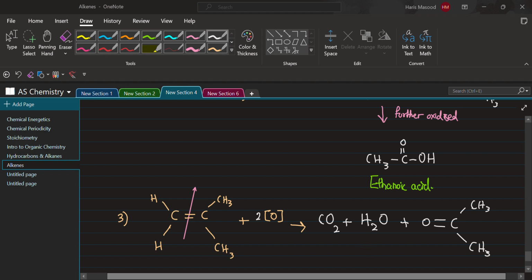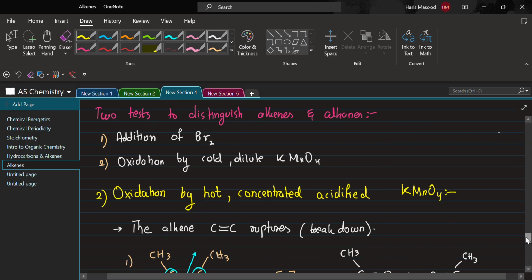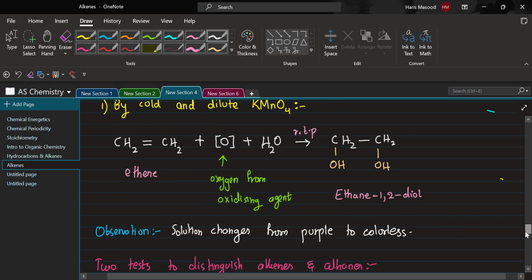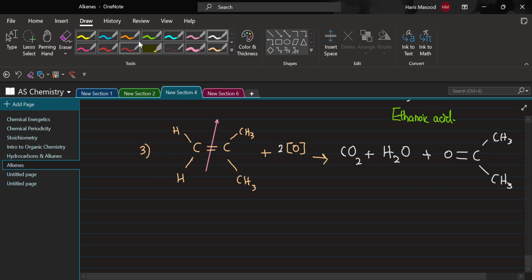Now one more thing that is left of the alkenes concept, that is addition polymerization. Okay, we'll just cover it. It's a quite easy, small topic.